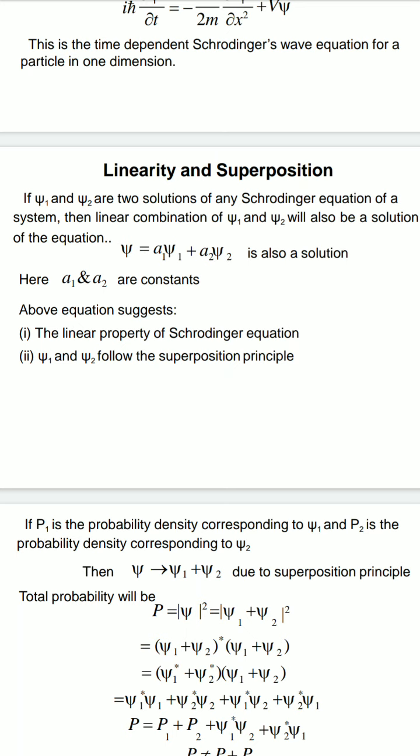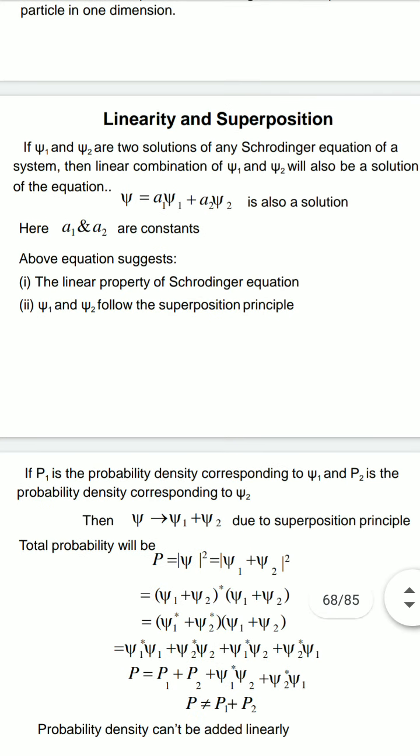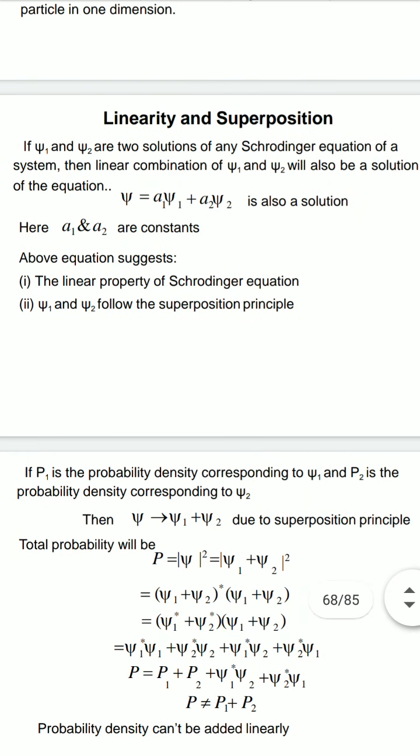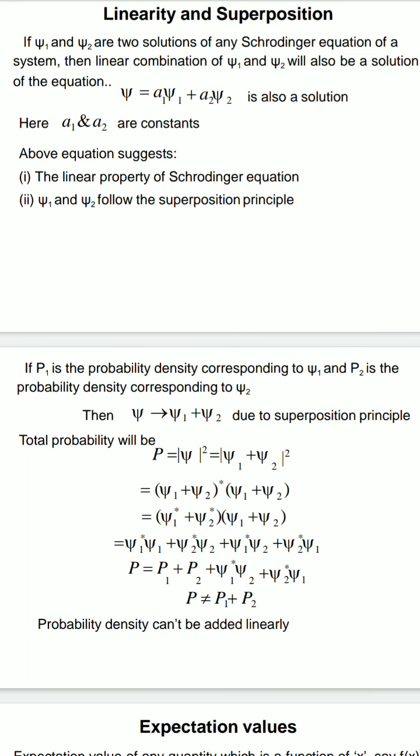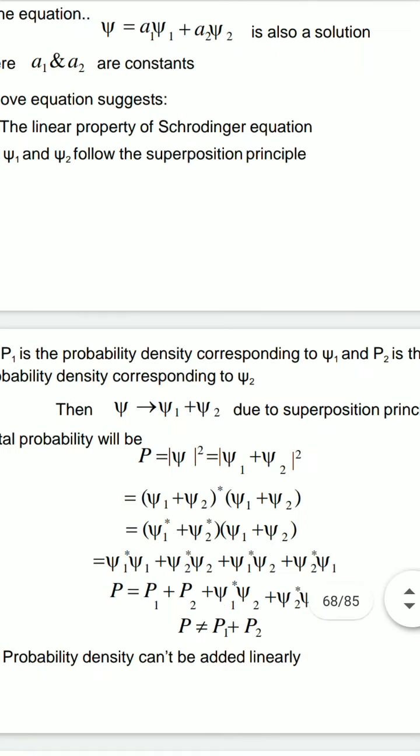Now psi 1 and psi 2 follow the superposition principle. Superposition means the linear combination, that is what it says. But now let us consider the probability. If P1 is the probability density corresponding to psi 1 and P2 is the probability density corresponding to psi 2, how will you find probability density? If you are given a wave function psi, its probability density is psi modulus square, that is psi star into psi.